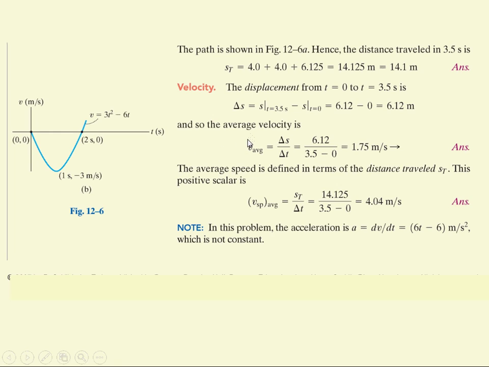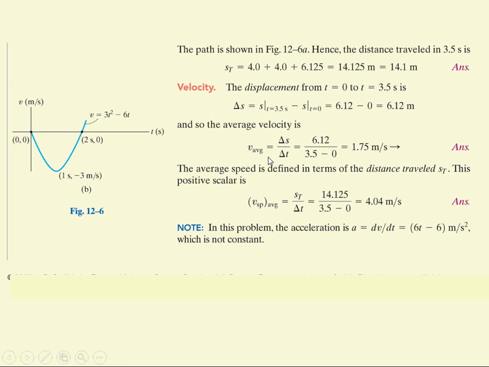So we have to consider the variation of the position between 3.5 and 0, so this is the position 6.125 minus 0.